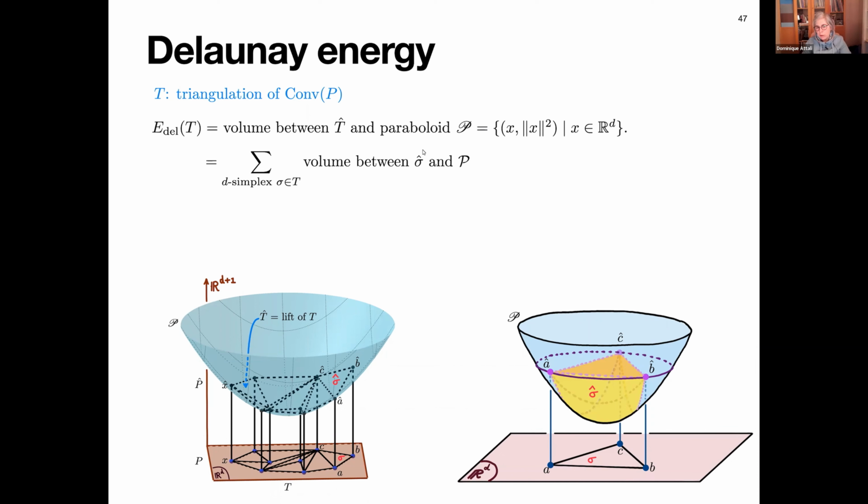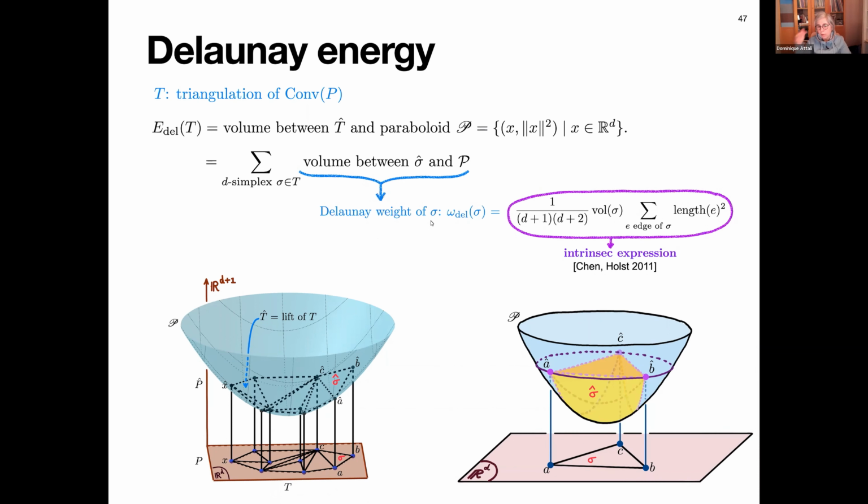And the volume that you have associated to your lifted D simplex sigma, between it and the paraboloid, is what is called the Delaunay weight of sigma. And it has a beautiful intrinsic expression that depends upon the volume of sigma and the length of its edges.